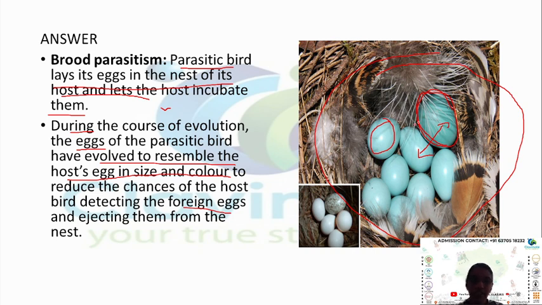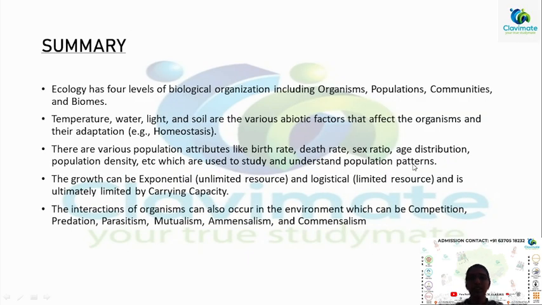So you can differentiate between the host egg and the parasitic egg, but it is not so clearly visible. But you can see here the parasitic egg is clearly visible over here. This is the course of evolution. Here the parasitic egg has evolved to match the color of the host egg. This is the last question, and now we have come to the summary.